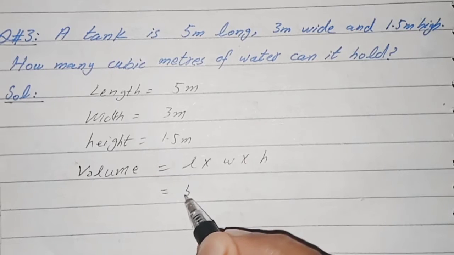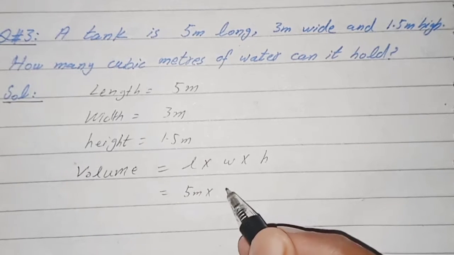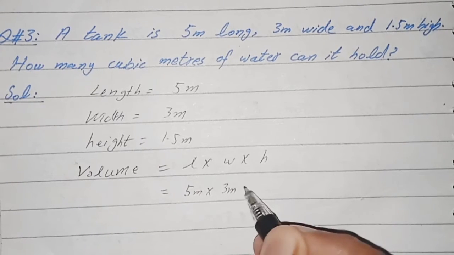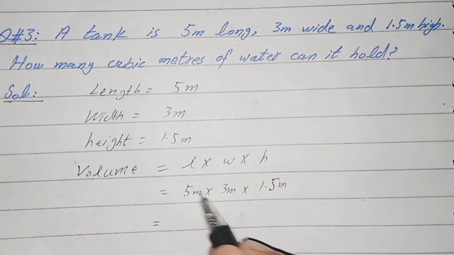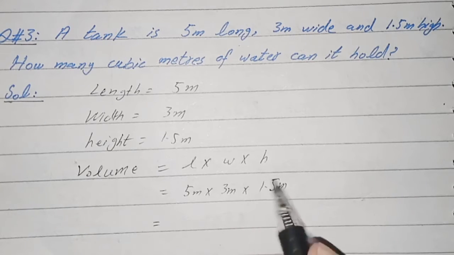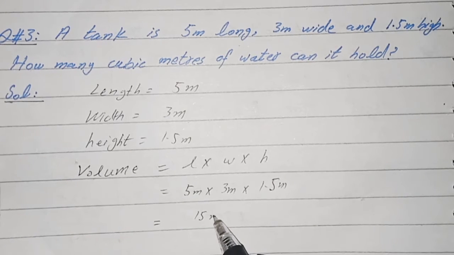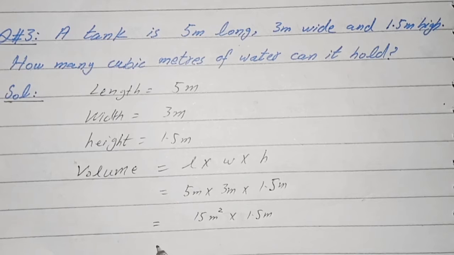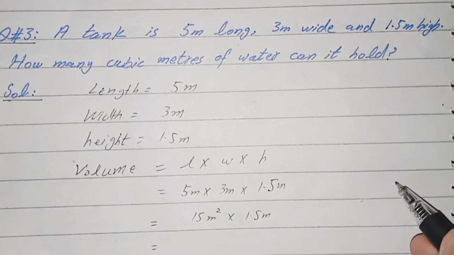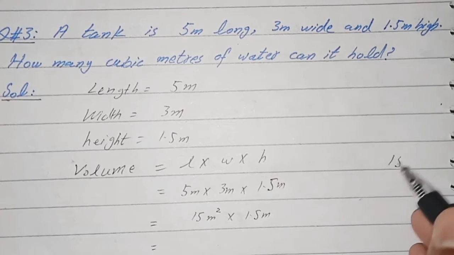So length was 5 meter, width is 3 meter and height is 1.5 meter. 5 times 3 is 15 meter. M and M will be multiplied, that will be square, and that is 1.5 meter. 15 will be multiplied with 1.5.